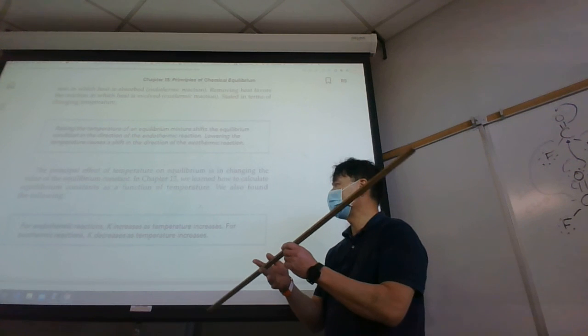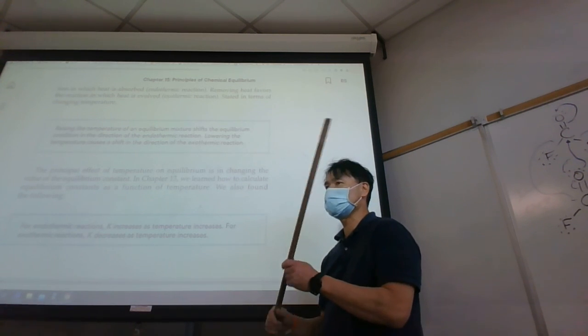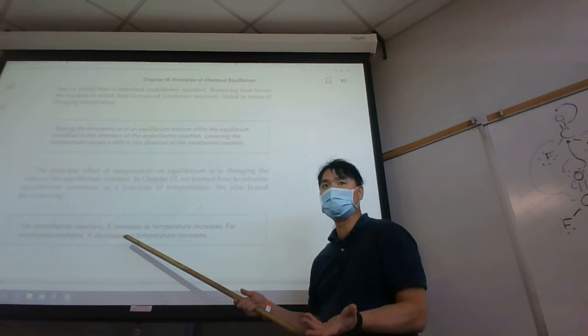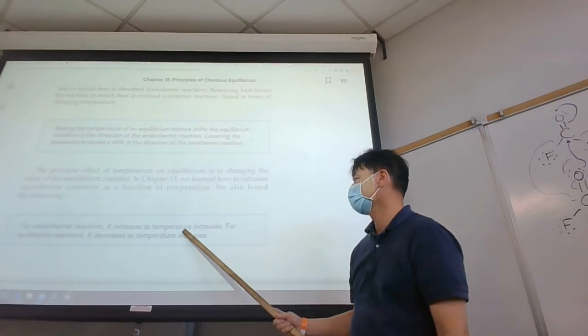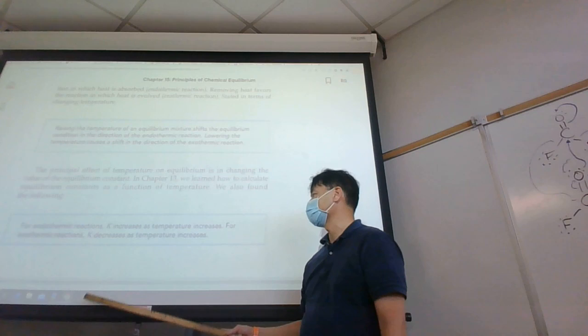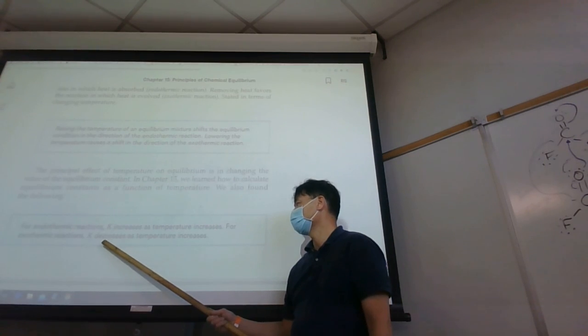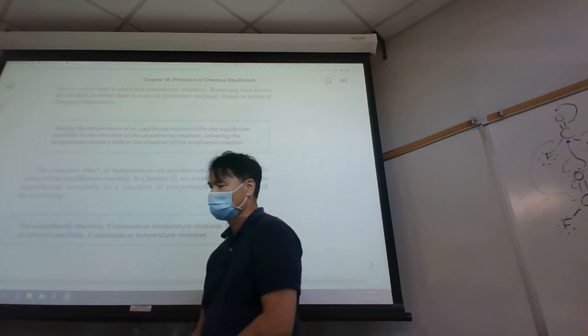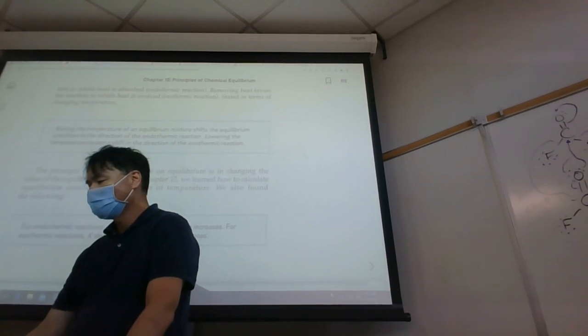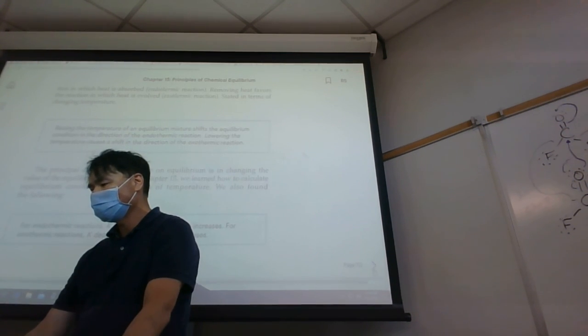Here, the balance is fine, but we change the temperature, which changes K, and now we're no longer in balance. K increases as temperature increases for endothermic reactions. And for exothermic reactions, K decreases as temperature increases. So let's just apply this.